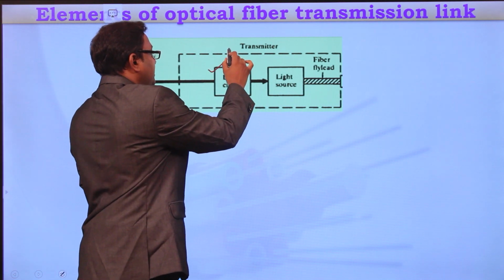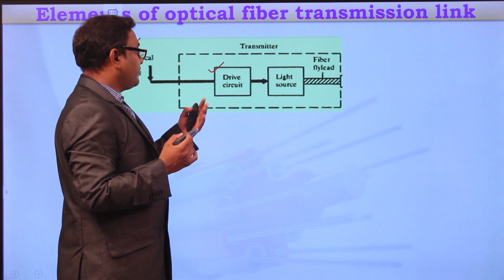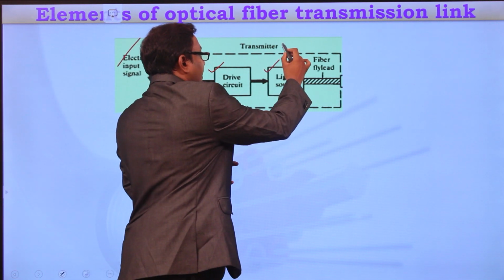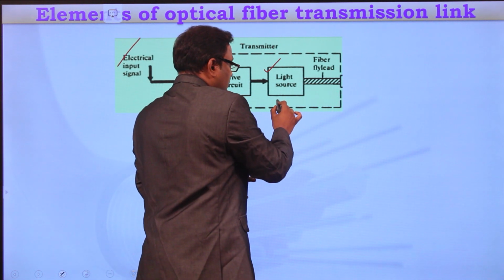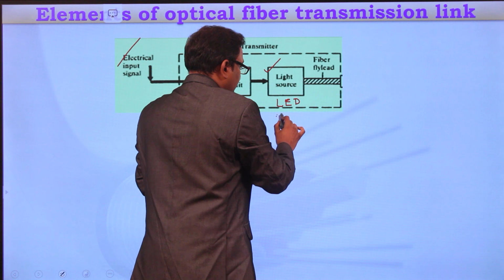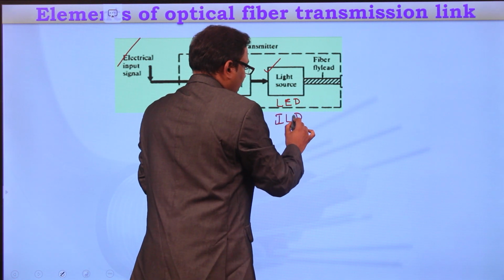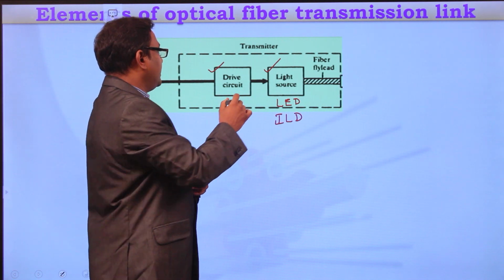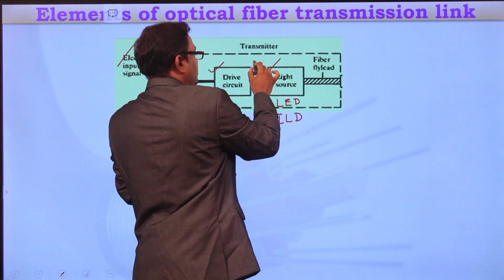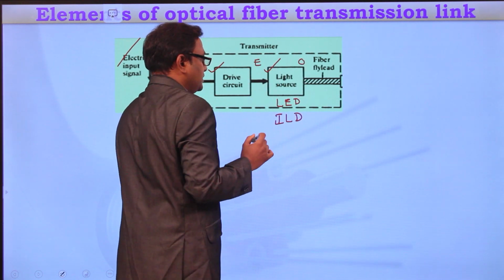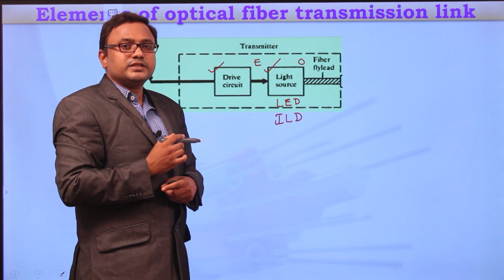For that there is a drive circuit, and from this drive circuit the amplified signal will be given to the light source, and this light source may be either an LED or an injection laser diode, ILD, laser diode, right? And the main purpose of this optical source is to convert the electrical signals into optical signals. What are the optical frequencies?